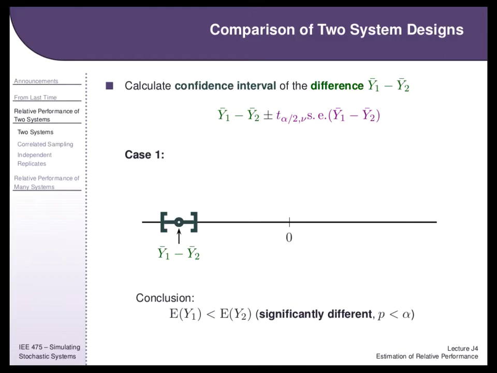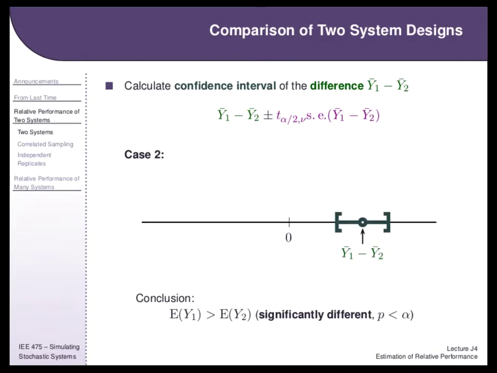And if I can build such a confidence interval, and this is my generic confidence interval here, just a critical t-value times a standard error, then I can plot that confidence interval on a number line, and if it's totally negative, then I make the conclusion that my mean performance, whatever performance is, maybe lower is better, maybe lower is worse, but they're different, and the mean performance in Model 1 is significantly different than the mean performance in Model 2. If I instead did this, and my confidence interval shows up on the right, then over here I make the other inference. I say, well, now my mean performance in Model 1 is greater than my mean performance in Model 2.